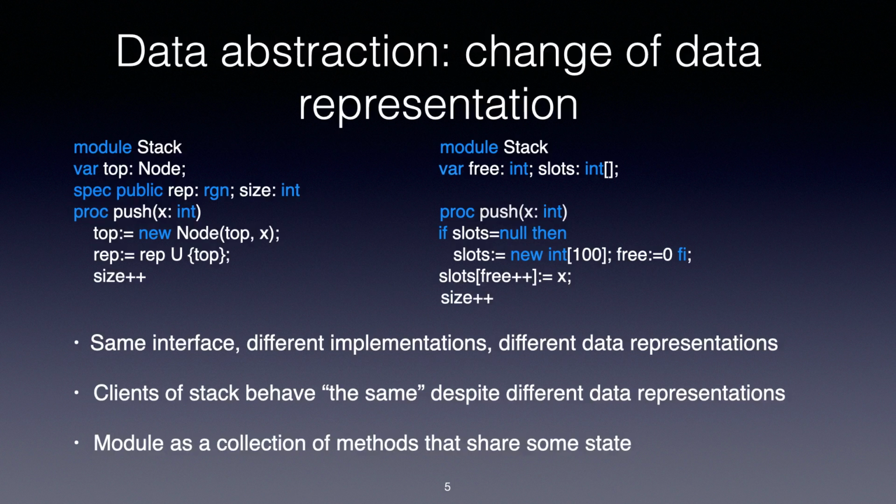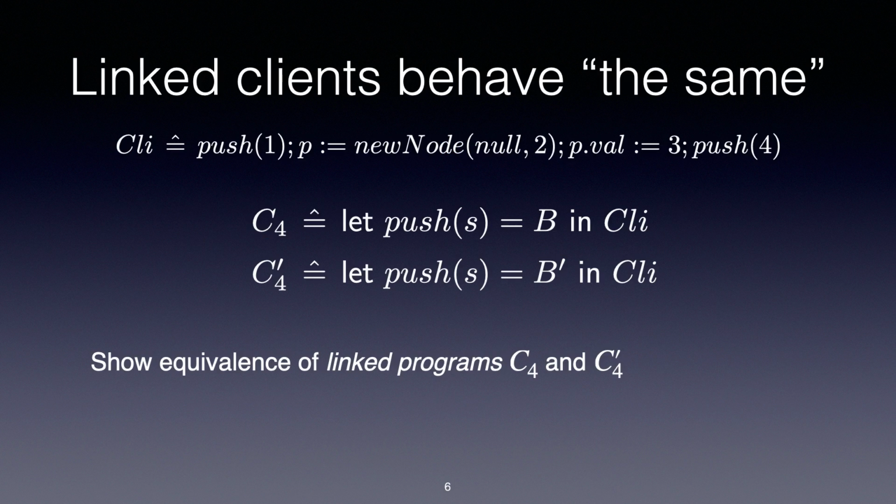Okay. All right. So now what we want to show is that linked clients behave the same. If the client is of the form push 1 followed by an allocation p gets new node, followed by the field update p.val gets 3, and then push 4, what we want to show is that the two linked programs C4 and C4 dash are represented as follows: let push s equals b.